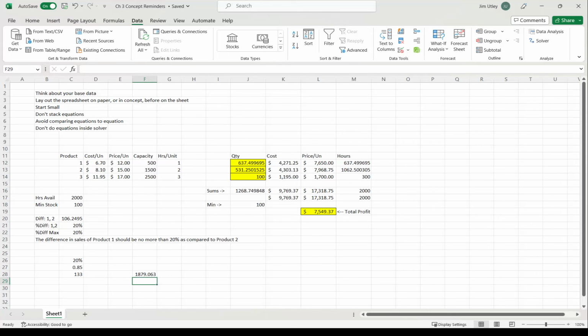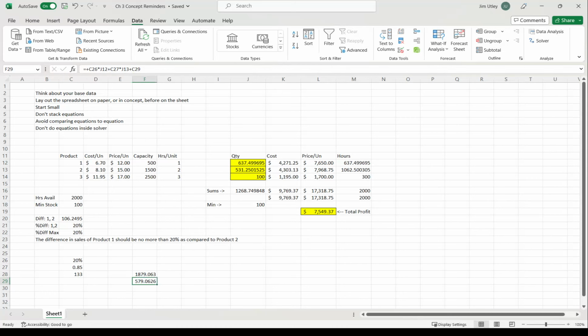A better practice would have been to do this times this plus this times this plus this times that. Whoops, I accidentally finished the equation too soon.